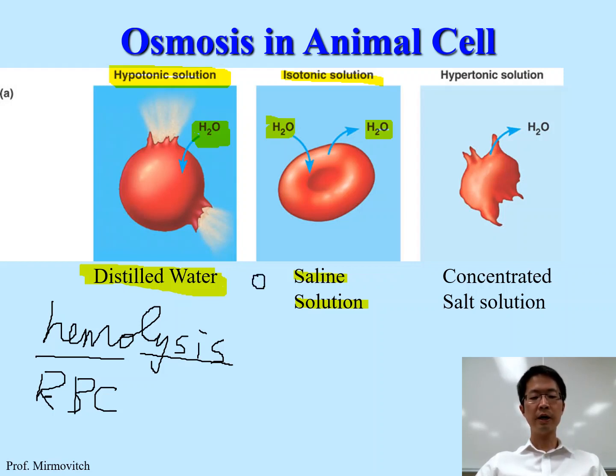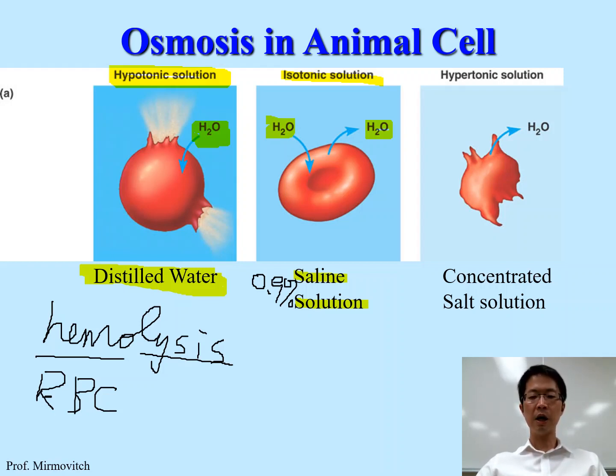It is 0.9%. We call it physiological saline, 0.9%. If you are admitted to the hospital and the nurse gives you the IV with the saline, you can see that on the surface of the bag it is printed 0.9% saline.